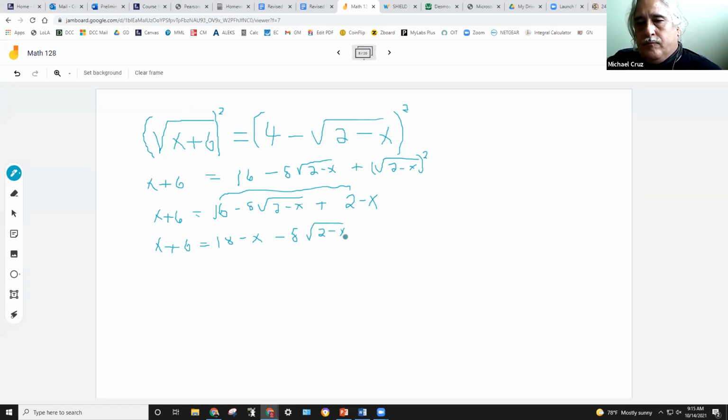And then these are going to go on the other side. And then what we get to do when we get isolated, we're going to square again.